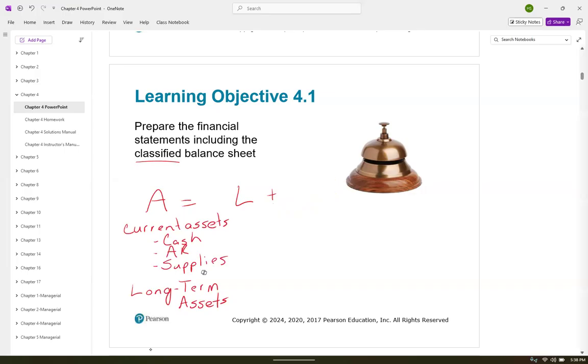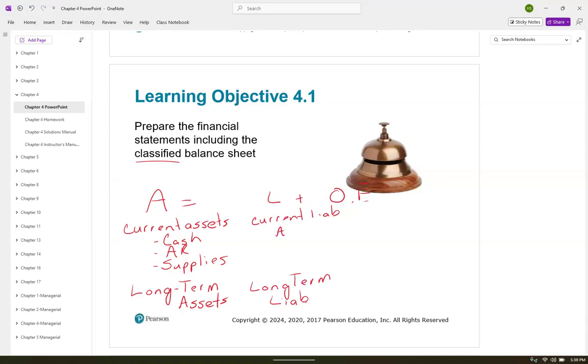Let me erase that just a little bit here so I have a little bit more room. Then we're going to come over here and classify the liabilities. So we'll have current liabilities and long-term liabilities. Current liabilities, these are the things we plan on paying within the next period.